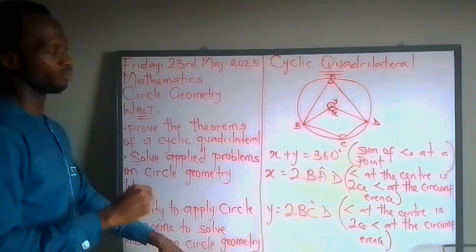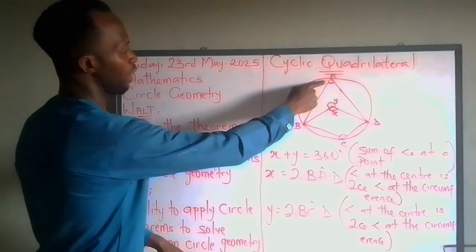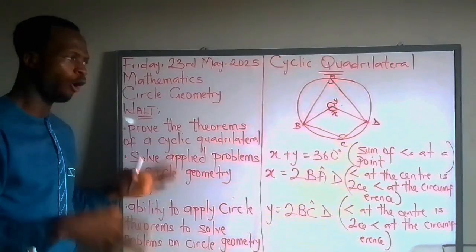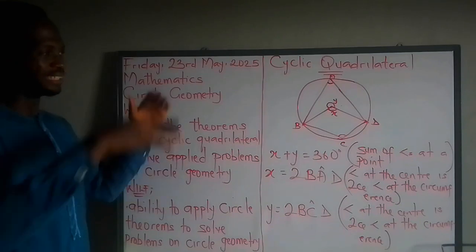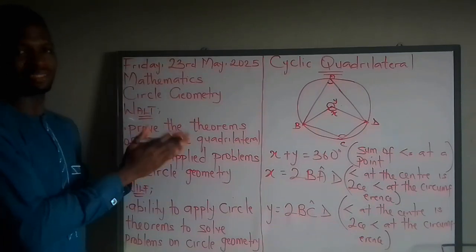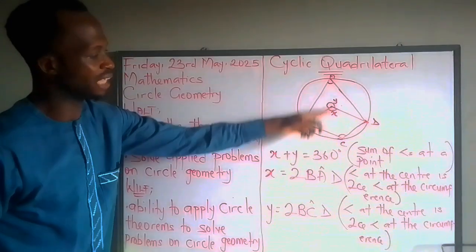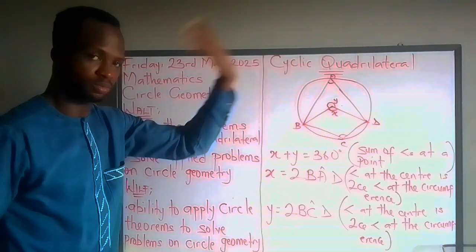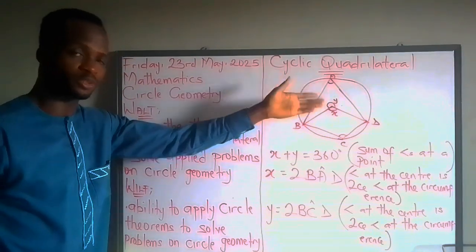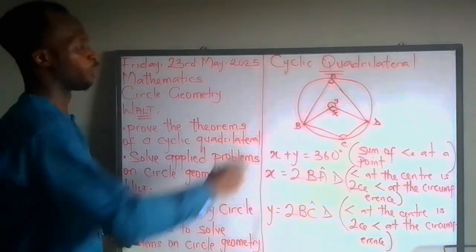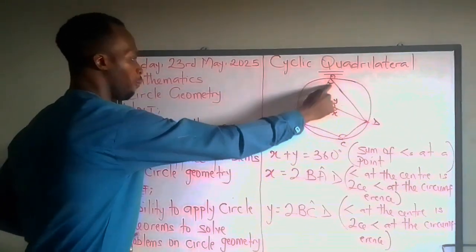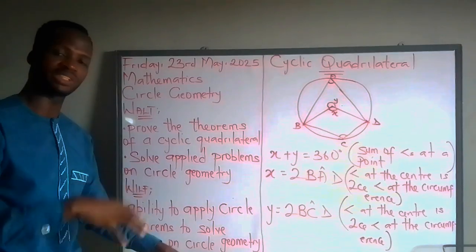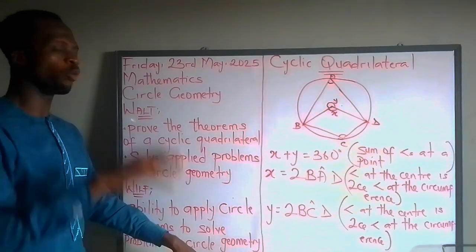So if you take note of this, you will see that the angle at A and the angle at C are opposite angles of the cyclic quadrilateral. So we now have the theorem of the cyclic quadrilateral, that the sum of opposite angles of a cyclic quadrilateral is equal to 180 degrees.